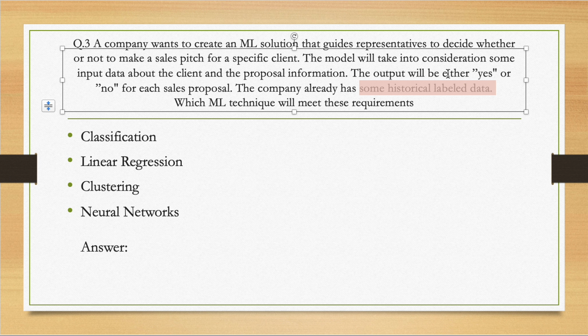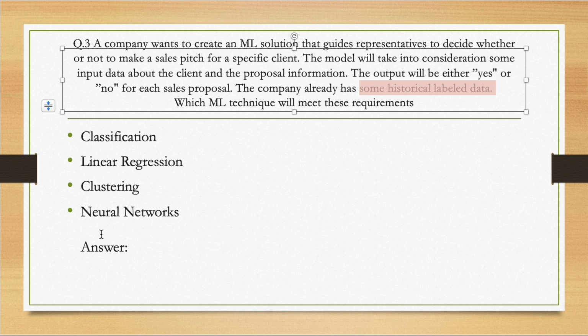Let's say in the question it says that someone wants to build a model that will predict stock prices or anything that is giving out a numerical value or a range of values, then you could think of regression. But here it's directly asking for classifying a yes or no. It's a type of binary classification because of two outcomes. So regression is eliminated, we are left with classification and neural networks.